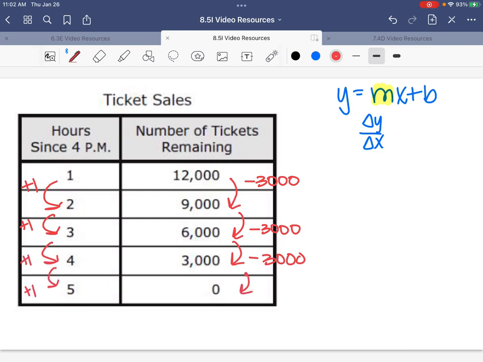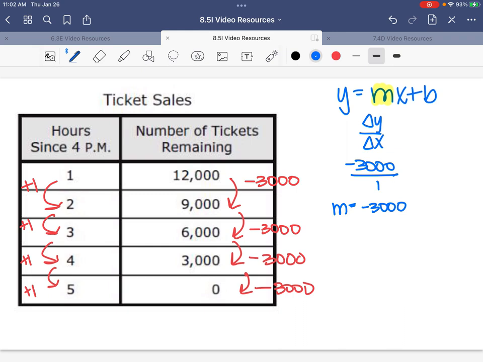So that tells me that the change in y was a decrease in tickets of 3,000 every 1 hour. So my slope was negative 3,000. And what it means is every hour, 3,000 tickets were sold.